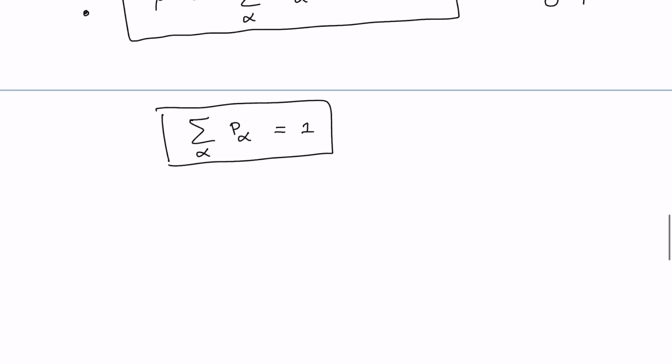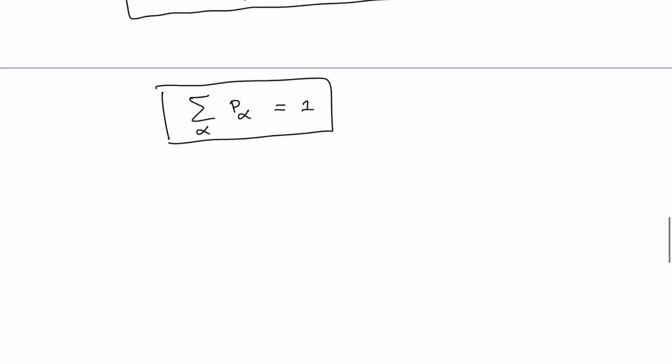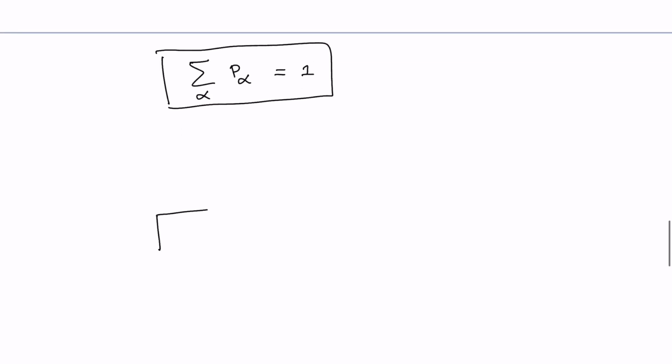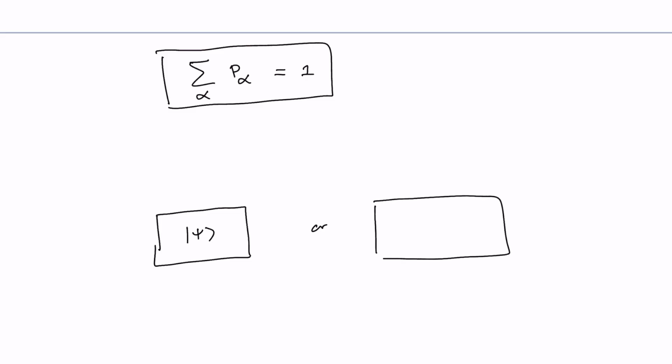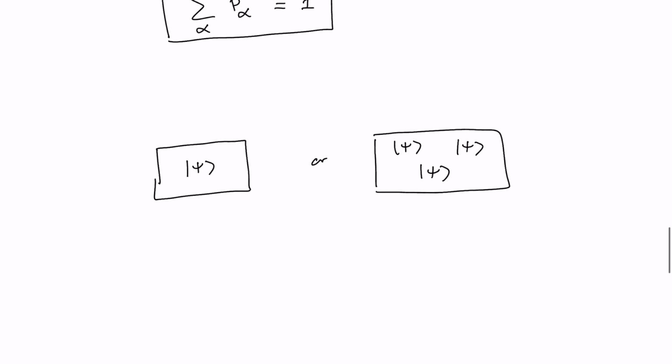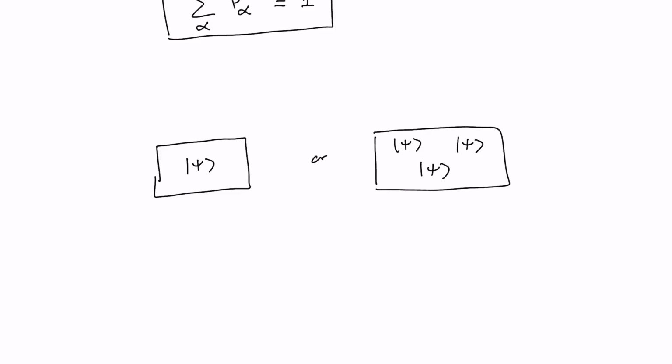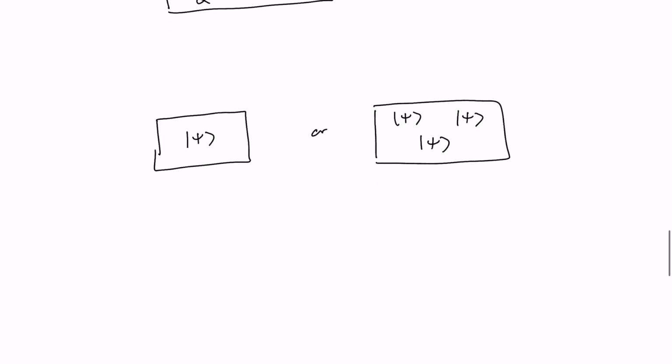Now, for the case of an isolated system, where we have just one type of state in an ensemble, let us say we have just |ψ⟩, or a collection of |ψ⟩ because the type is the same. Every time you pick up, you are always going to pick up |ψ⟩. That means with 100% classical probability you are going to pick up |ψ⟩. Therefore in this case the state of the system is represented by the density operator ρ = |ψ⟩⟨ψ|.